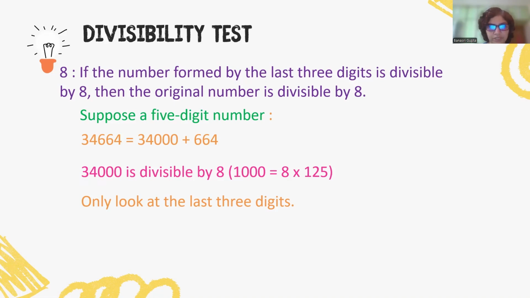That's why we need to look at only the last 3 digits, because the number formed by these 3 zeros is always divisible by 8. So this is the explanation for why we just check the last 3 digits to check divisibility by 8.